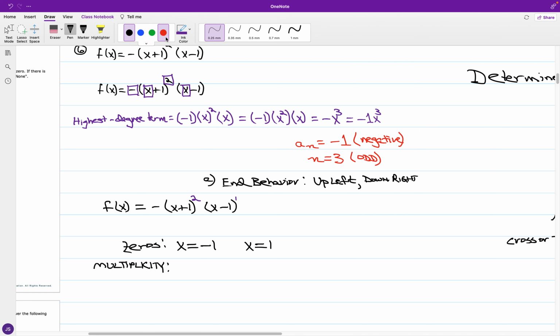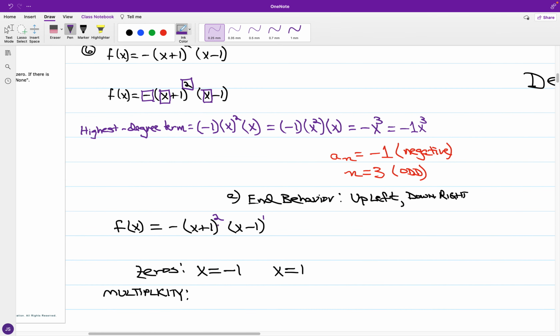Now for the multiplicities, for negative 1, this stems from the square of x plus 1. So looking at the exponent, that's going to have a multiplicity of 2. X equals 1 comes from just x minus 1, which is implicitly to the first power.